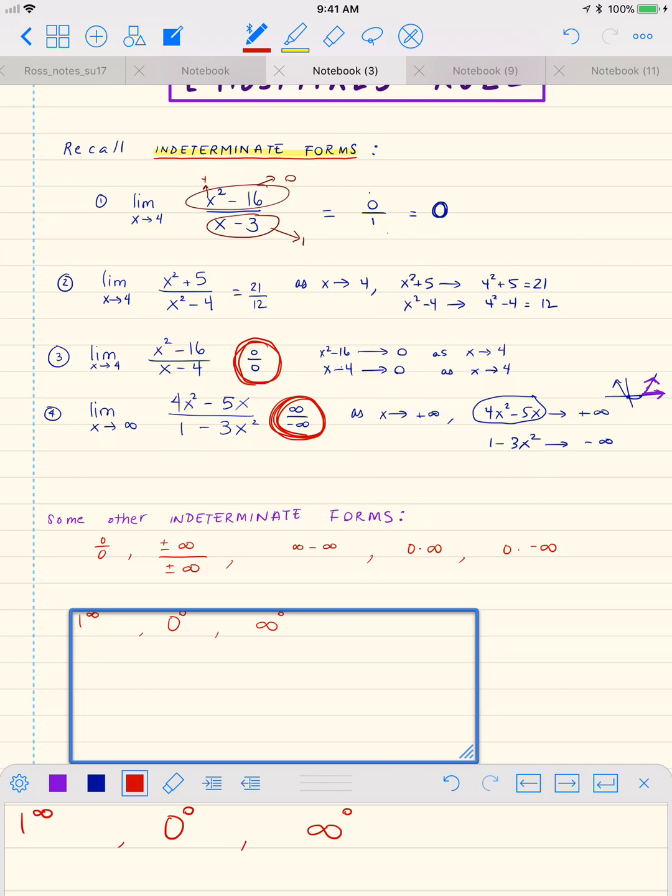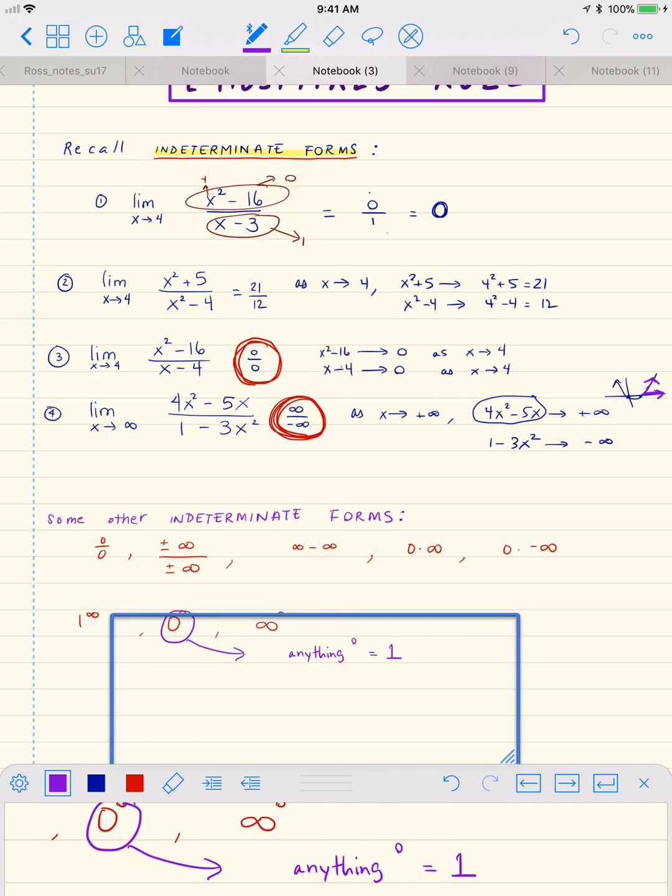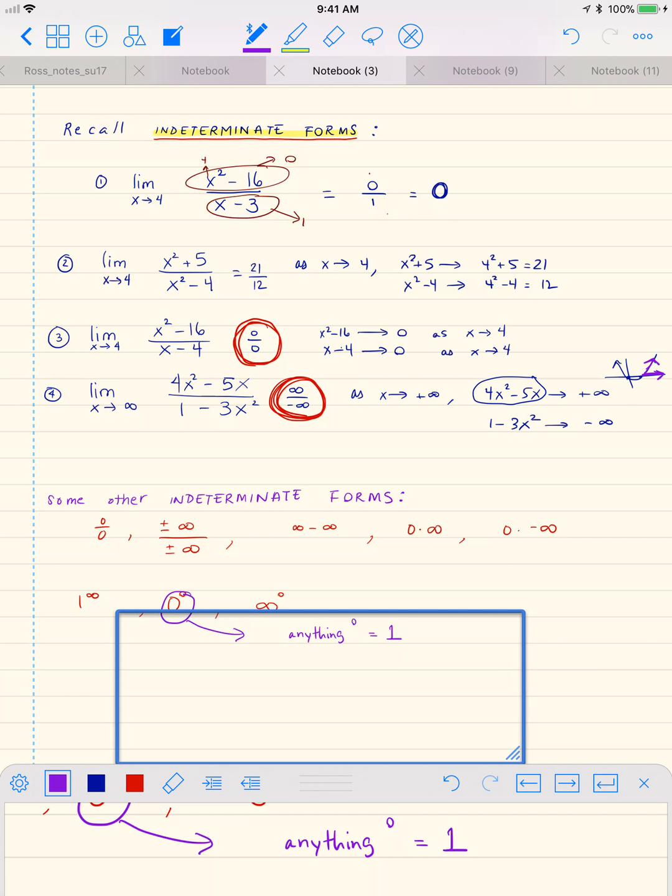So let me say a little bit about this 0 to 0, because you might say, hey, wait a minute, anything raised to the 0th power is equal to 1. So why isn't 0 to the 0th power equal to 1? Well, that's usually true.